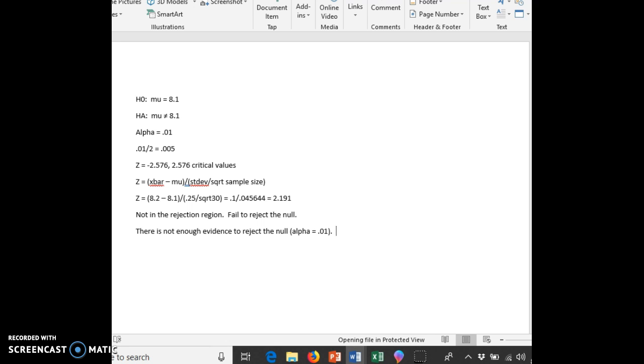Since we are not rejecting the null, it appears that the machine is at present properly calibrated. It does appear to be filling the jars to 8.1 ounces. And there we have it.